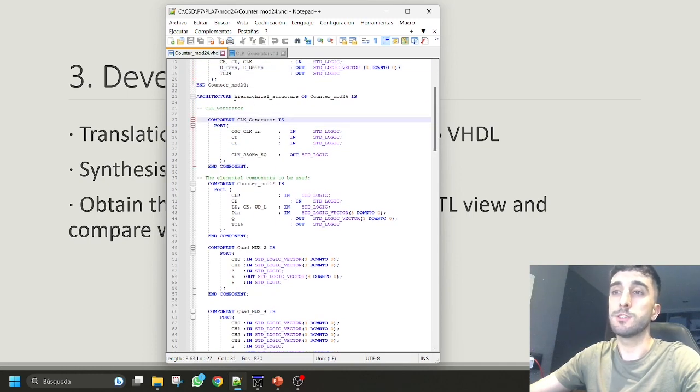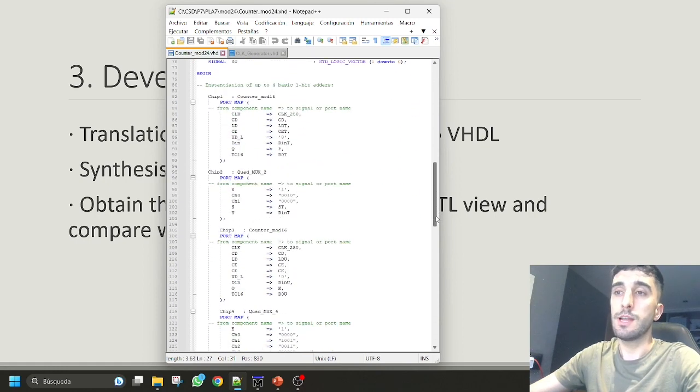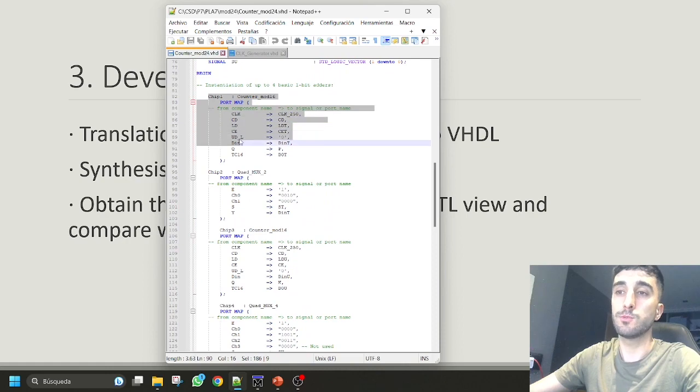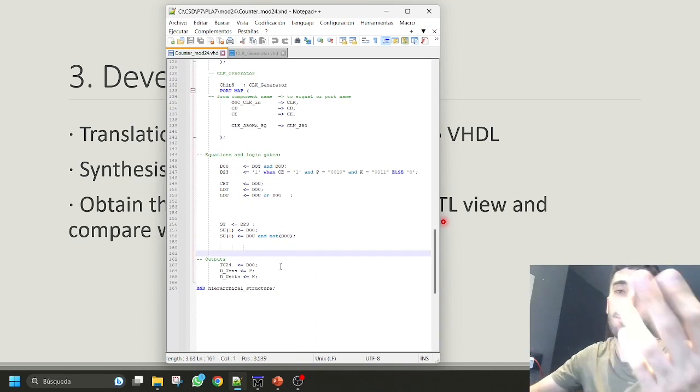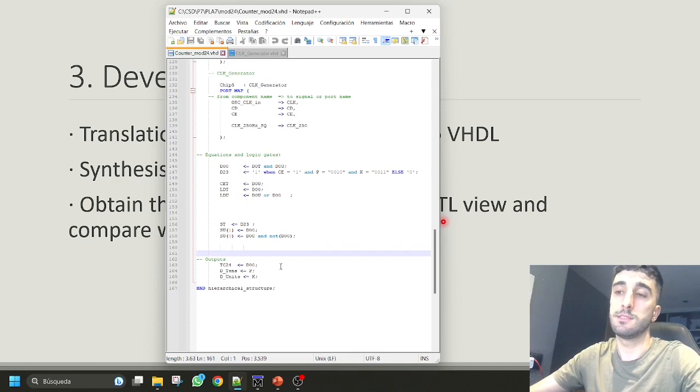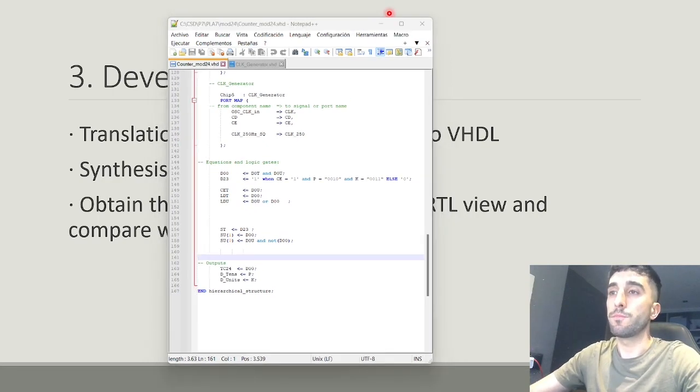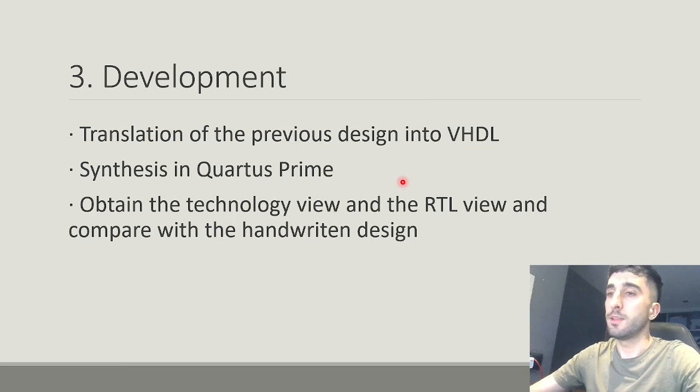Because it's a hierarchical structure, I have the CLK generator, the counter mod 16, the quadmux 2, and the quadmux 4. So now here I have the connections between the chips, chip 1, chip 2, chip 3, and at the end here I have all the equations and logic gates that are the same as the equations that I have seen before, okay? So it's a simple translation.